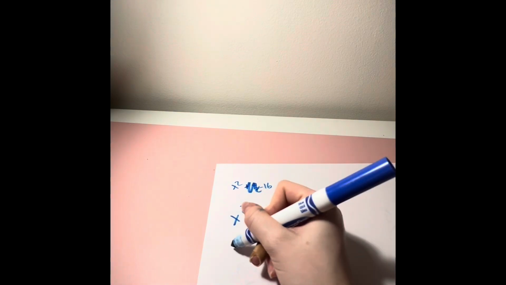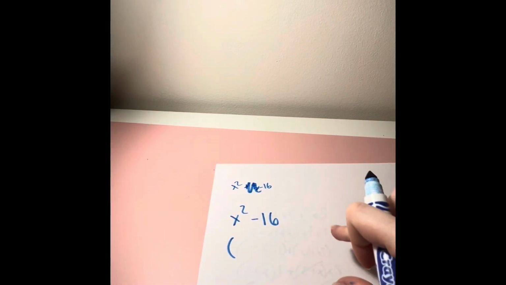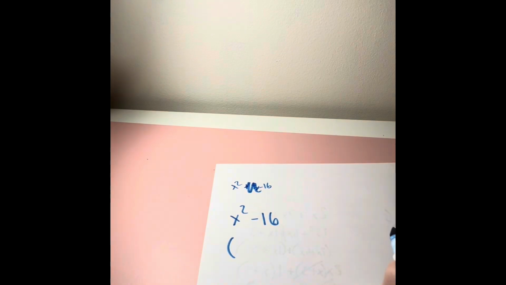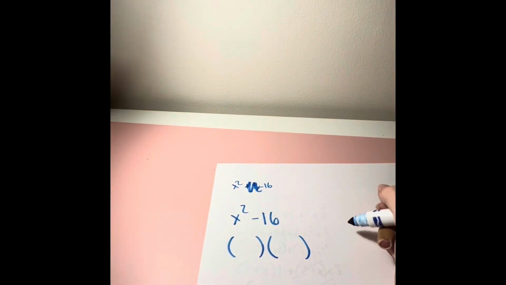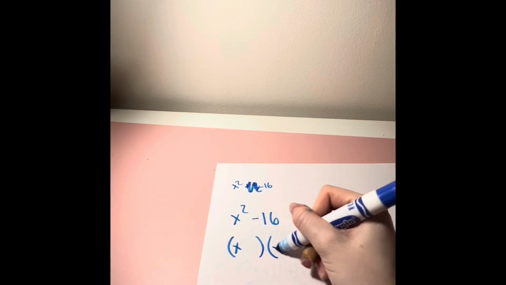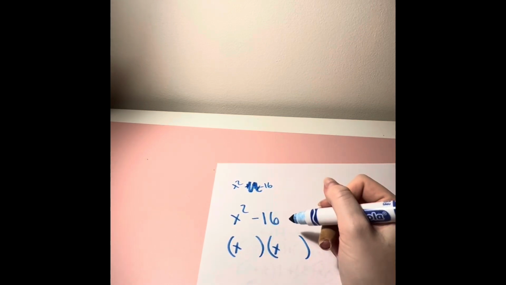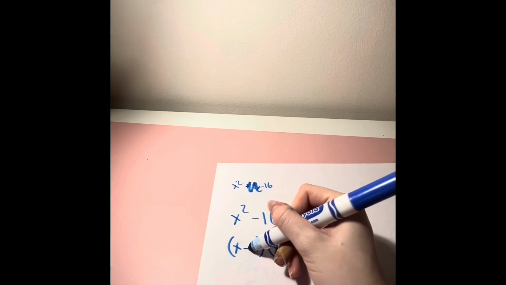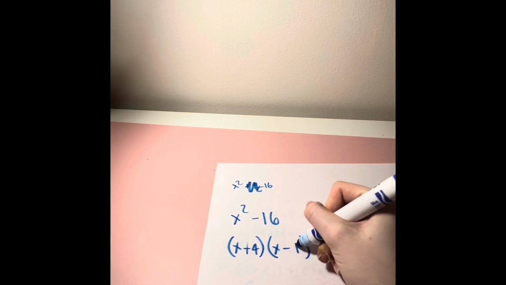So what we're going to do is 16 is going to be a perfect square of 4. And in order to make it a negative, we've got to put a positive and a negative. So we're going to start with putting our x's on the outsides, kind of just on the edge, and then we're going to put a plus 4 in there, and then a negative 4.